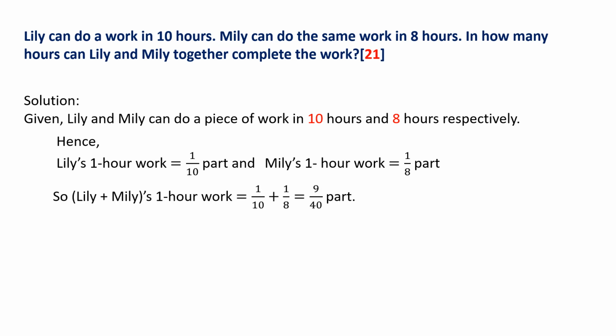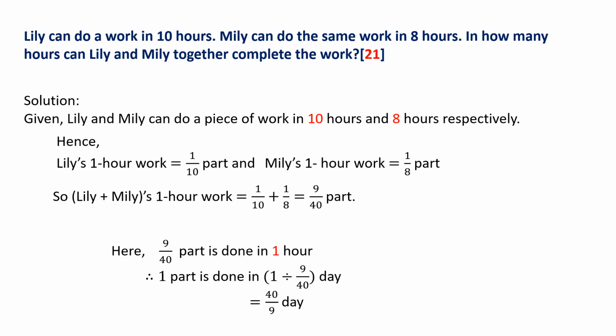Now Lily plus Millie's 1 hour work is 1 over 10 plus 1 over 8, and it is 9 over 40 part. As the general rule suggests, they both can complete the work in 40 divided by 9 hours. Since 9 by 40 part is done in 1 hour, one part is done in 1 divided by 9 by 40, that means 40 divided by 9.